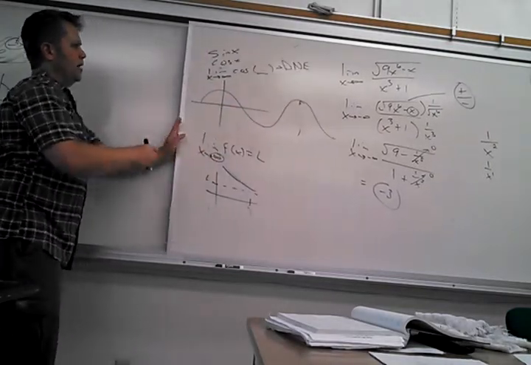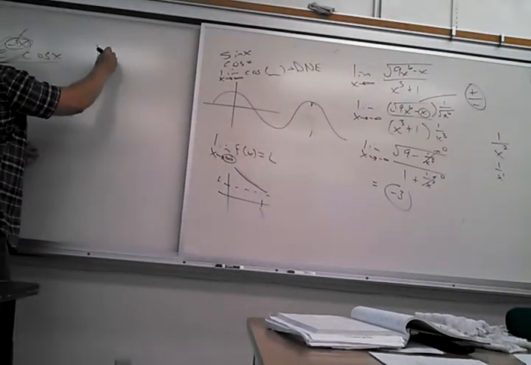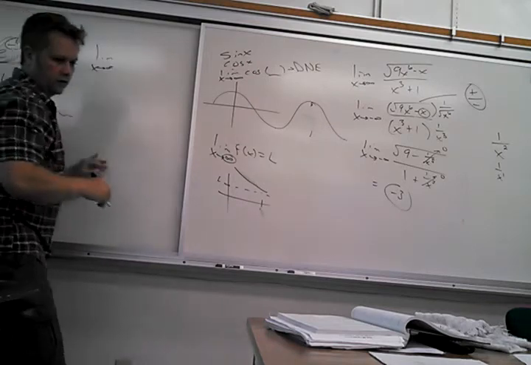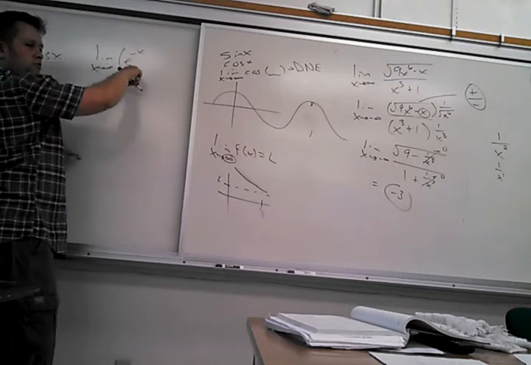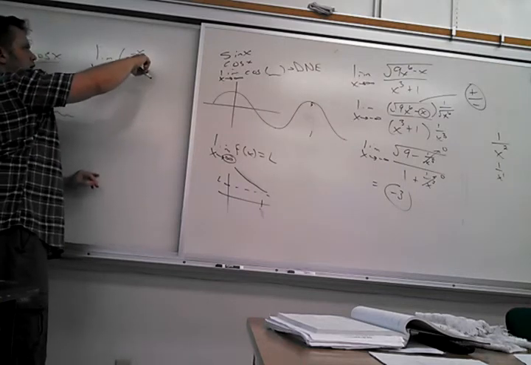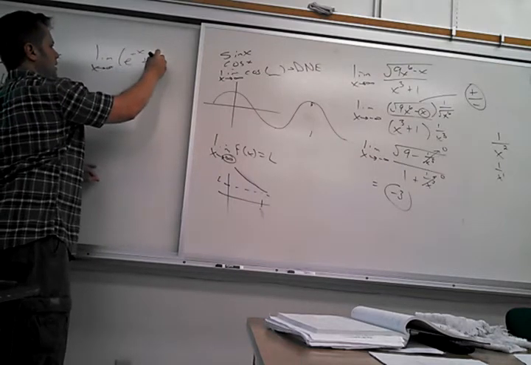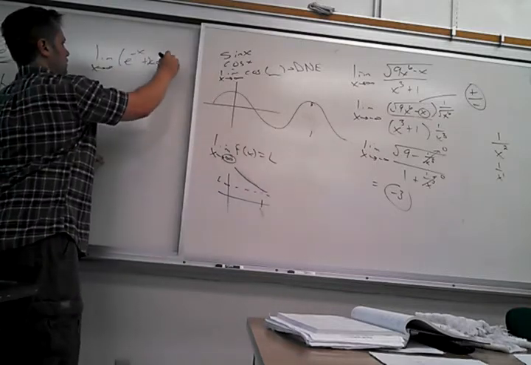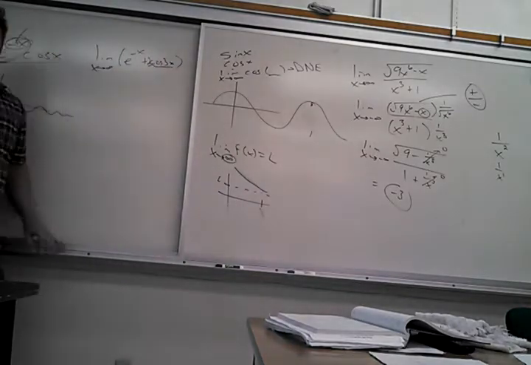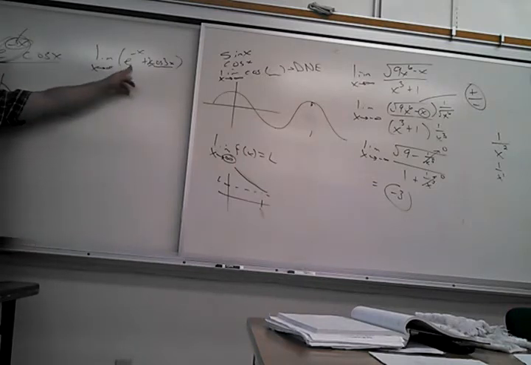Oscillation. So if I have the limit, what's that actually say? After all that talk, it says e to the negative x. As x gets really big, this gets really small. That part's awesome. Plus cosine of 2 cosine 3x. So that's fine.